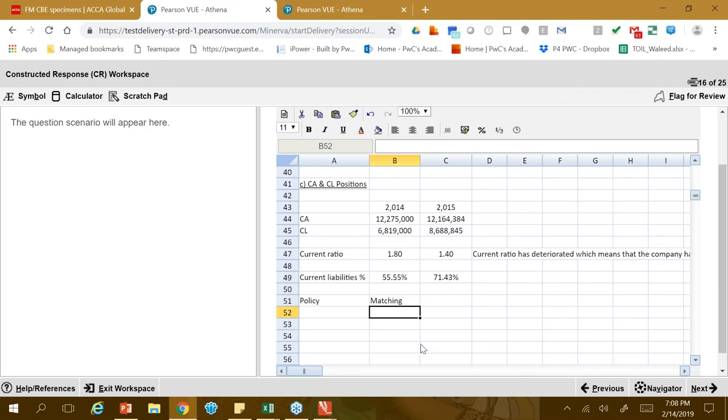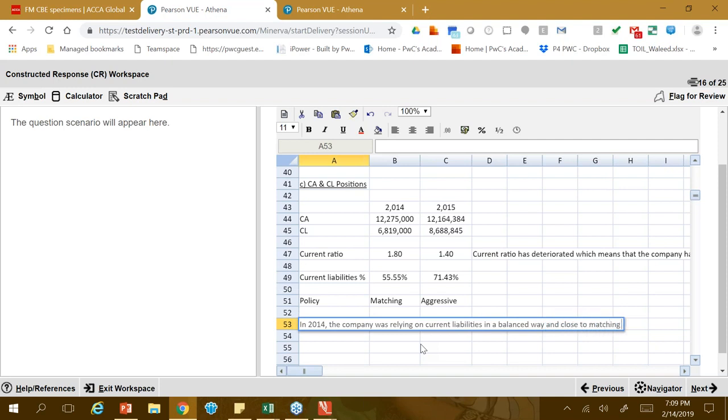So you can say a bit of aggressive and matching, but it is more of matching because it's like 55 to 45% in terms of financing. This one is obviously aggressive because more reliance is placed on the short-term fundings. So what I can say is that in 2014, the company was relying on current liabilities in a balanced way and close to matching financing policy.